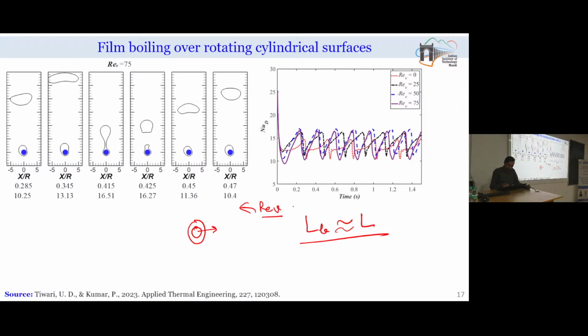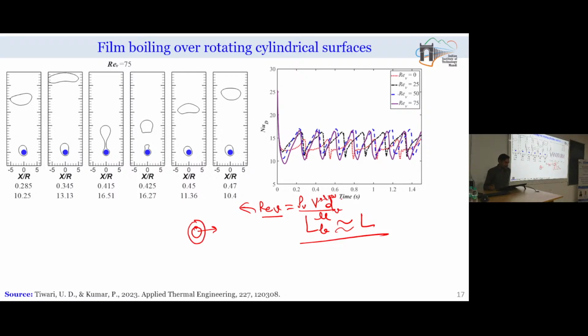So, the vapor Reynolds number is defined as density of vapor times velocity times length scale divided by viscosity of the vapor. The velocity is basically r into omega, where r is the radius of the heater surface and omega is the angular velocity, and the length scale is the diameter of the heater surface. So, if we define the Reynolds number this way and give some counterclockwise rotation, we are trying to study what effect it will produce on the dynamics of the bubble.